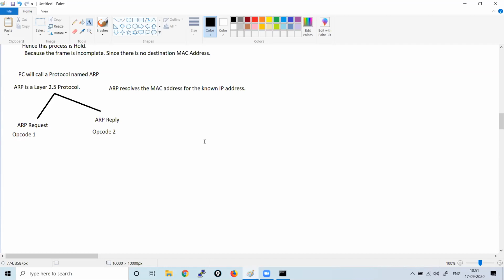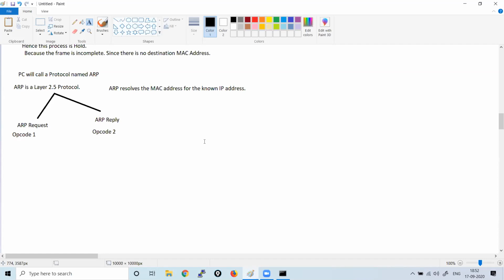Just to make a note, there is another ARP as well, called inverse ARP. What inverse ARP will do is vice versa: using the MAC address, it will find the IP address.